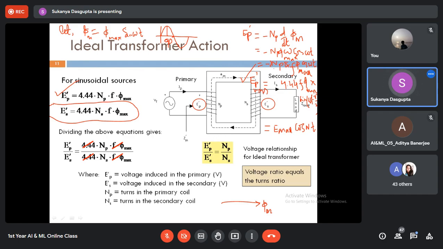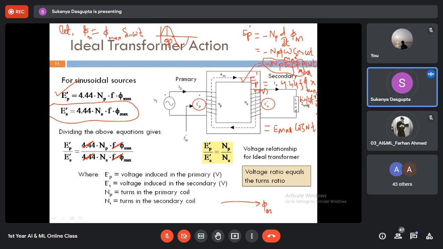It is just 2 n pi f phi m. And the negative sign indicates that this EMF induced at the primary side will oppose the very cause of it by Lenz's law. Is it clear to everyone? Do you have any doubts in this issue?